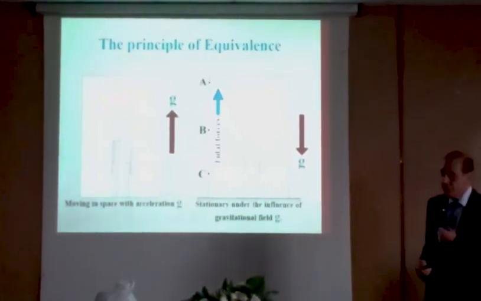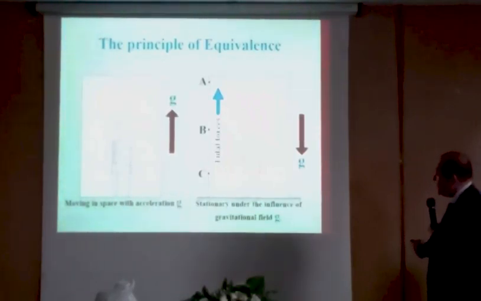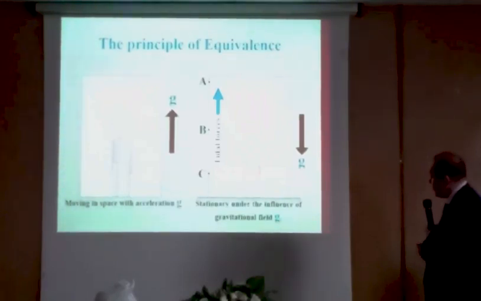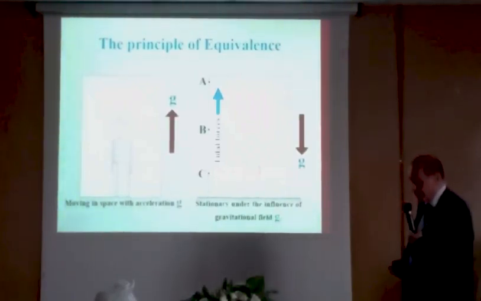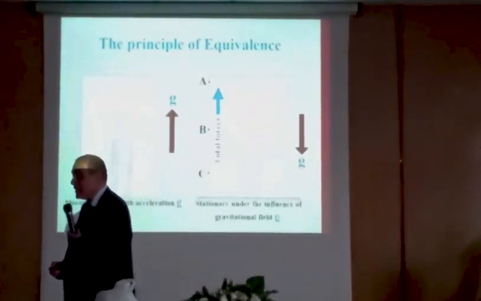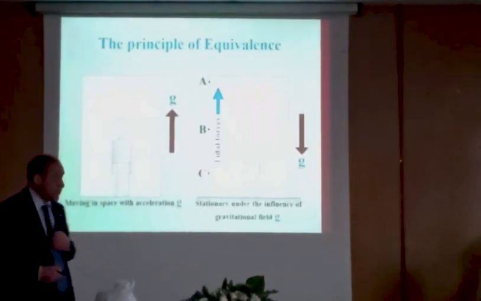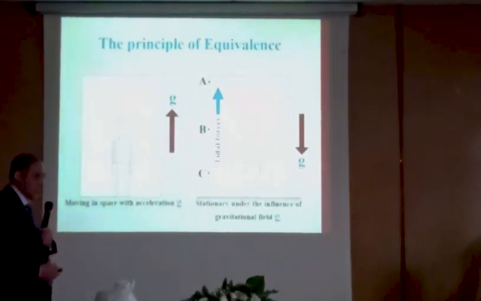The principle of equivalence says that this guy here cannot distinguish between being in a lift moving with acceleration g, or standing still on a planet with gravitational acceleration g. So in fact, this is a correspondence between gravity and acceleration. Acceleration is equal to gravity.